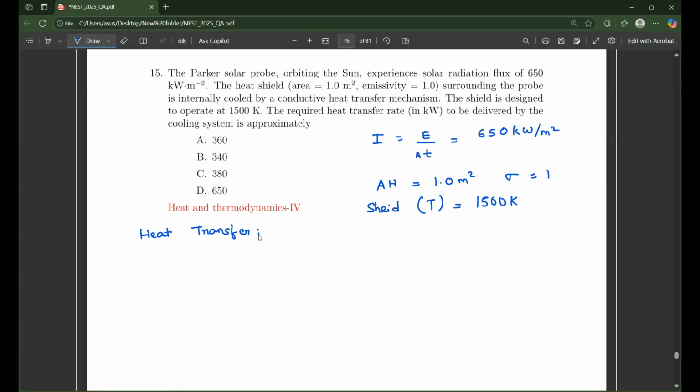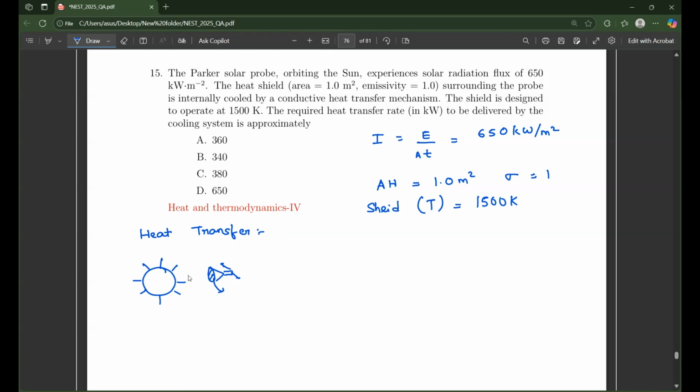So we know that, let's say we have the sun and it is emitting radiation, and we have the Parker solar probe, let's say some distance behind it. Let's say this is our Parker solar probe. The heat that it obtains is equal to the radiation incident on it.